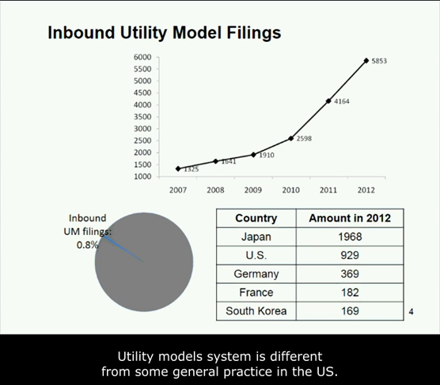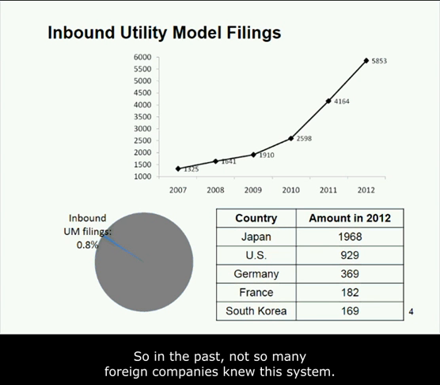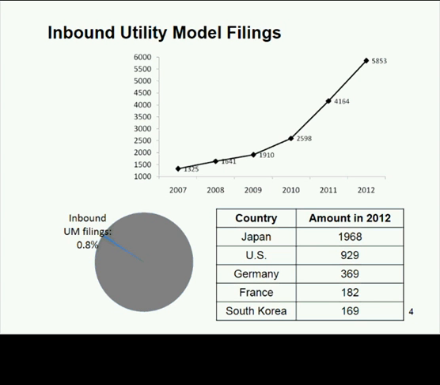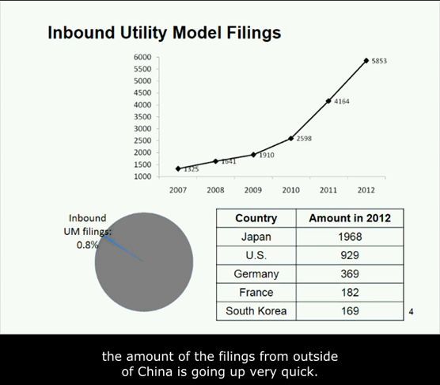The utility model system is different from some general practice in the U.S. So in the past, not so many foreign companies knew this system. Only recently, you can say the recent 3 or 4 years, the amount of filings from outside China is growing very quickly.